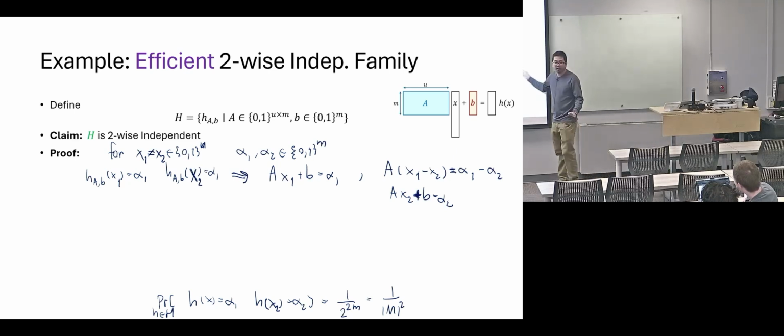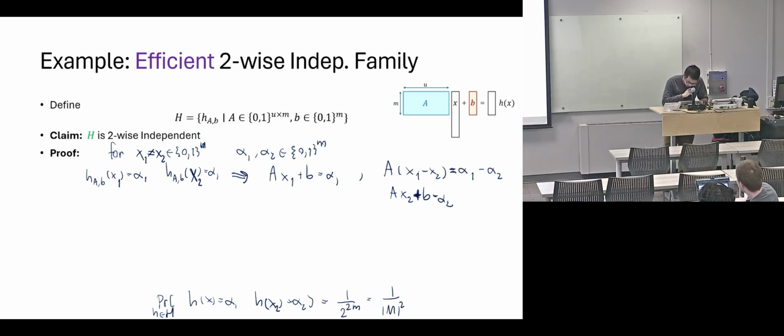Now it makes sense, right? I have this thing map x1 to alpha 1 and x2 to alpha 2. So this happened when all of this happened. This is just what it means to map x1 to alpha 1, and this is what it means to map x2 to alpha 2. I subtract this equality from this, I get this one.